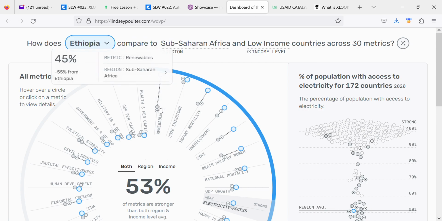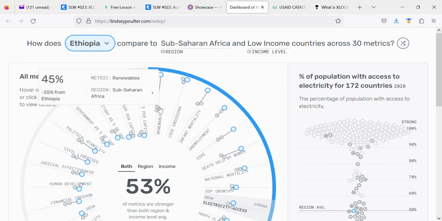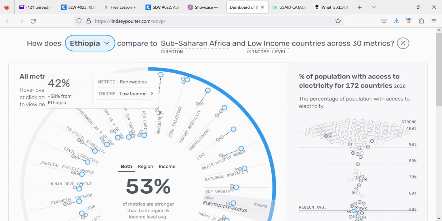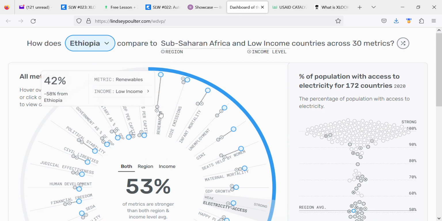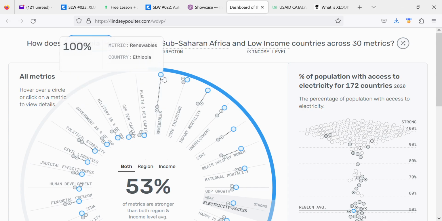This is the value for Sub-Saharan Africa, and this one is for low-income countries. So compared to both Sub-Saharan Africa and low-income countries, Ethiopia is performing well.